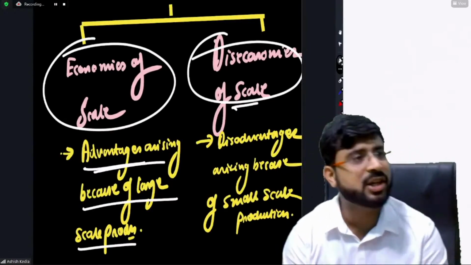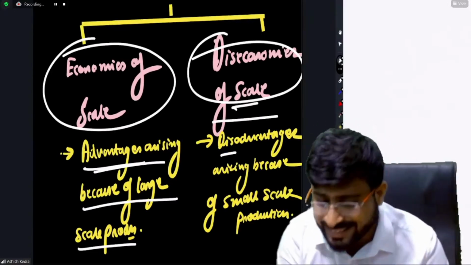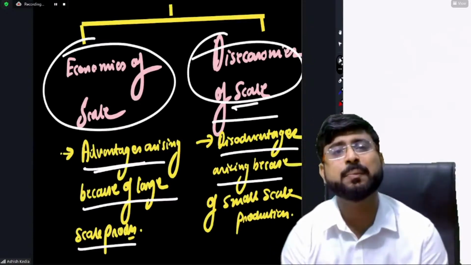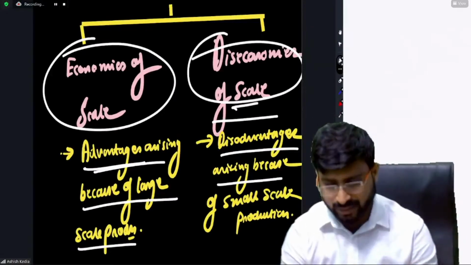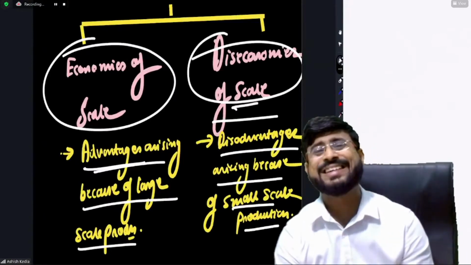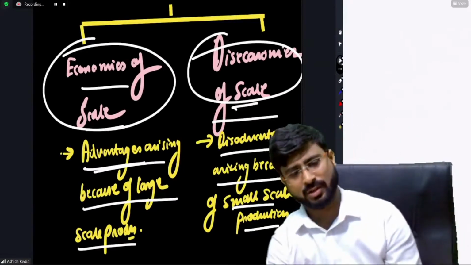And what is diseconomies of scale? When we talk about diseconomies of scale, these are disadvantages. These are basically disadvantages that arise because of small scale production. Diseconomies are disadvantages. Economies are advantages.